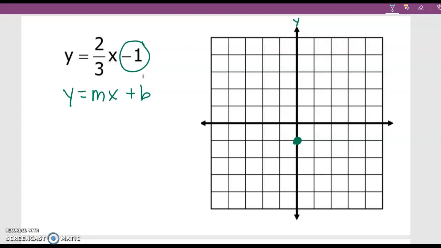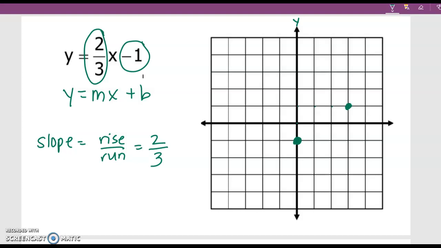Whatever this is, if it's positive, it's above. If it's negative, it's below, and wherever it crosses the y-axis is your first point. What we're going to do next is use the slope. Remember, slope is rise over run. And we have 2 over 3 here. So from this starting point, we're going to rise 2, 1, 2, and then we're going to run 3, 1, 2, 3.